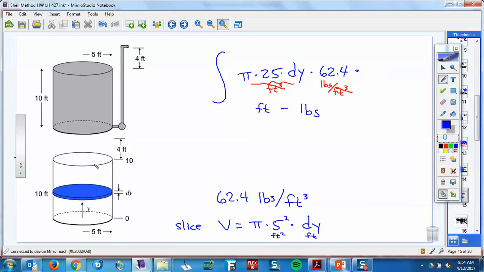In other words, how far am I going to lift this slab? Well, again, let's label this slab as y, and how far do I have to lift it? No, it's not 4. This is 0 down here. This is 14. So what is this length right here? 14 minus y. Now you might be saying, wait a minute, that liquid's going to go down to here, and then it's going to get pumped up to here, right? But this is offsetting.